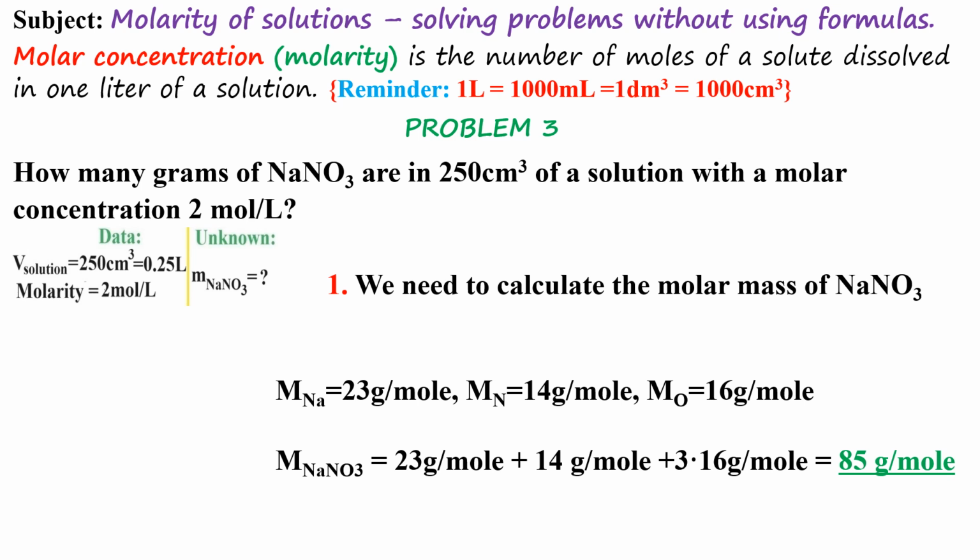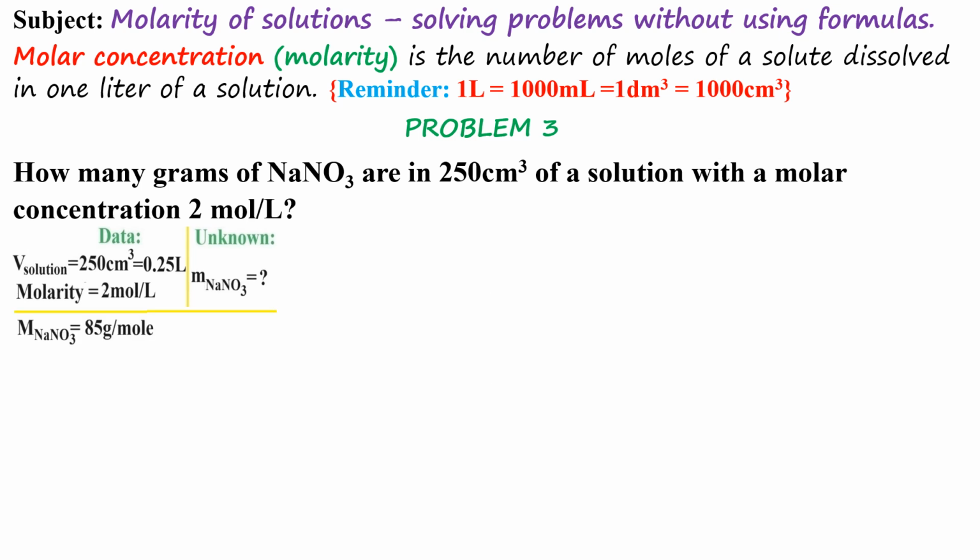So, molar mass of sodium nitrate equals molar mass of sodium plus molar mass of nitrogen plus molar mass of oxygen times 3 equals 85 grams per mole. Now we know that each mole of sodium nitrate weighs 85 grams. Let's write the molar mass of sodium nitrate under the data in the problem.